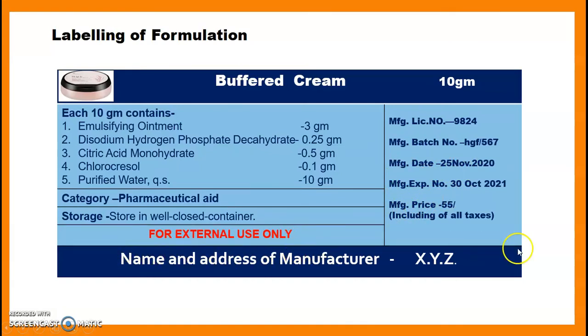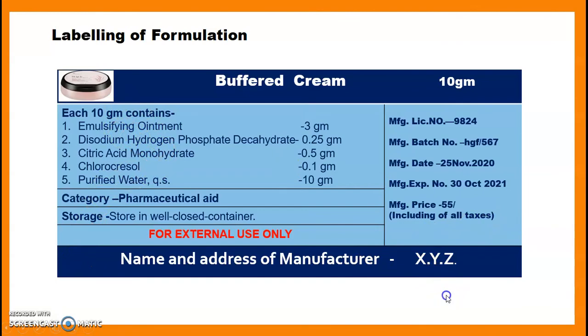And at the bottom of the label, the name and address of the manufacturer should be mentioned. In this way, all the important specifications should be mentioned on our label.